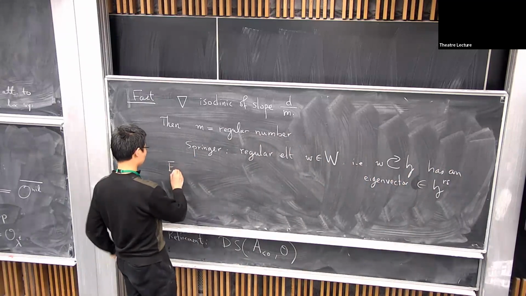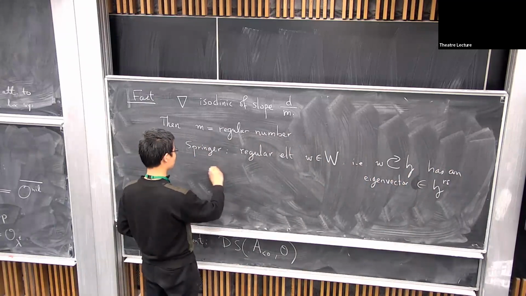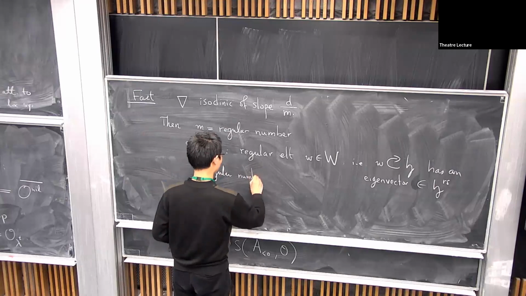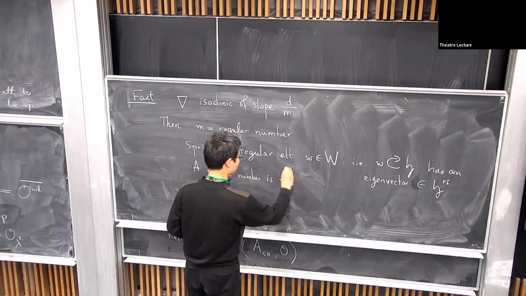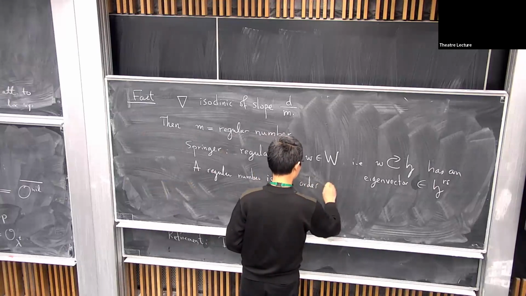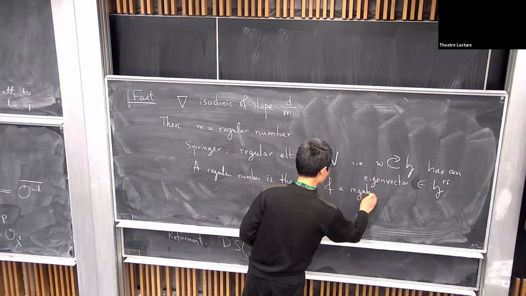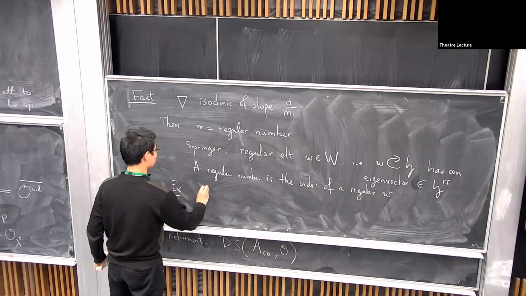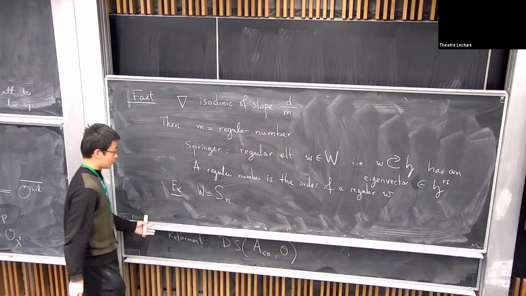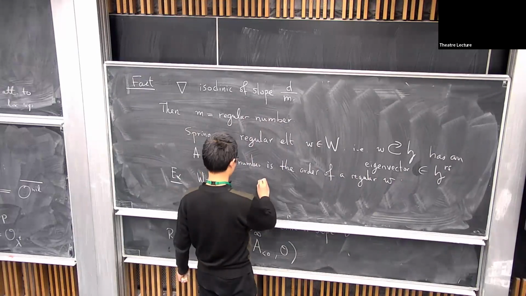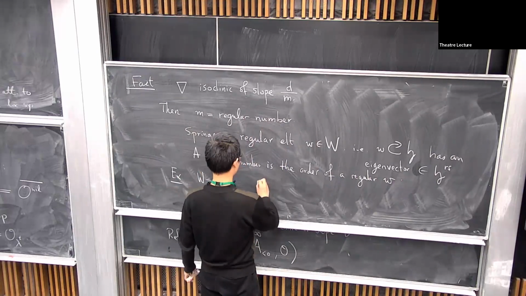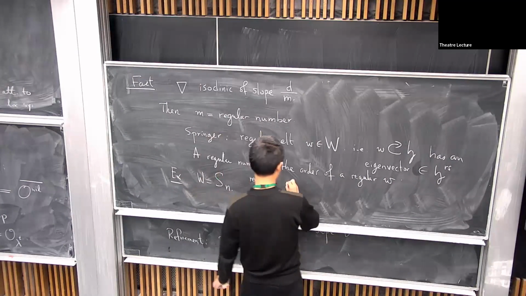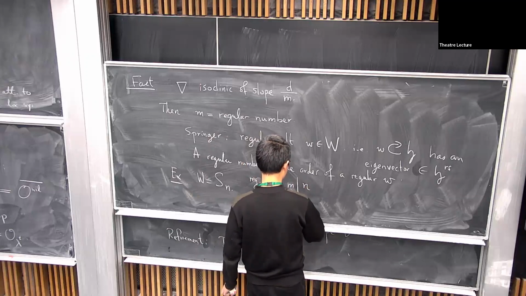So examples, and okay, let me finish the definition of regular number. A regular number is the order of a regular element. So examples: if W is S_n, then regular numbers are either divisors of n or divisors of n minus 1.